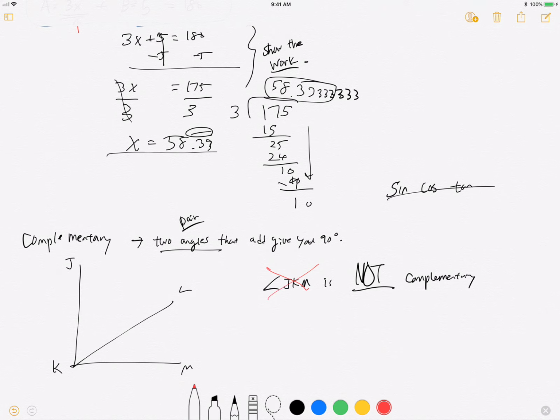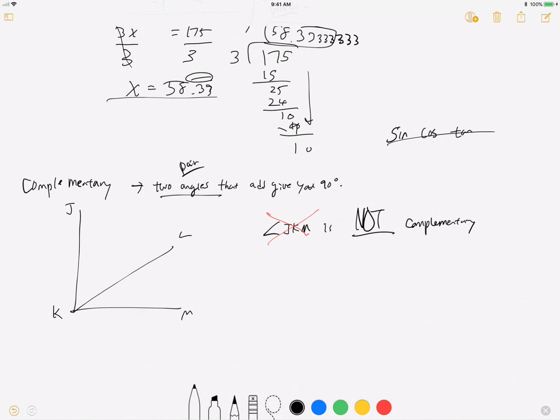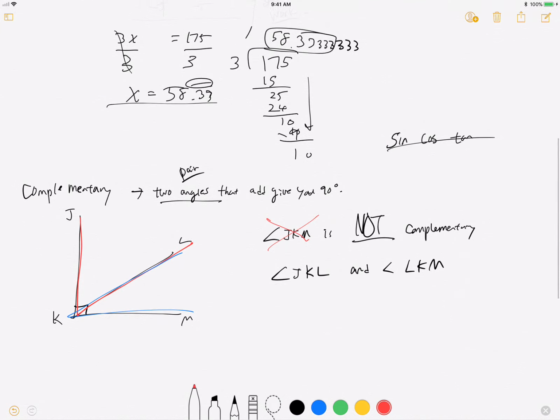This cannot be complementary. The two pairs of angles that are complementary, though, would be JKL, assuming that this is 90 degrees, JKL and the angle LKM, because this angle right here and this angle right here, the red color plus the blue color will give you 90 degrees.